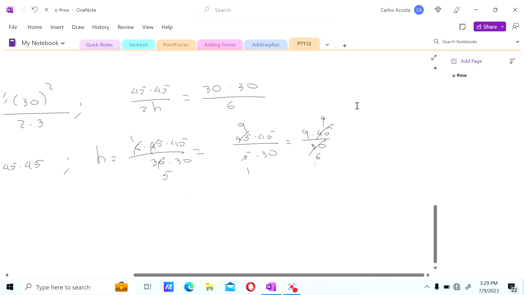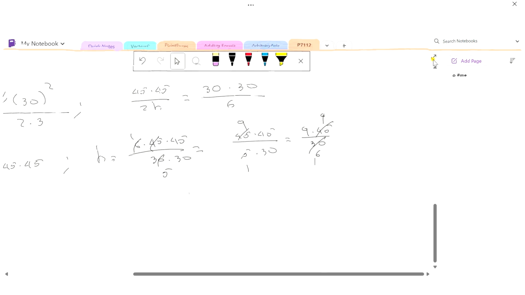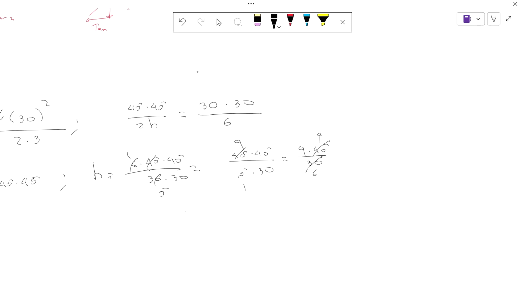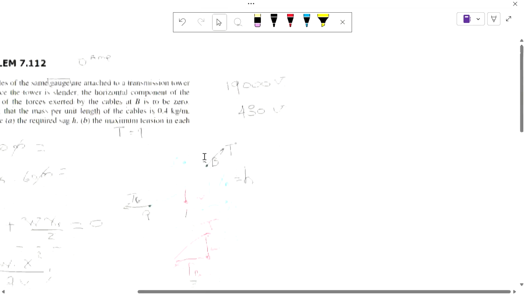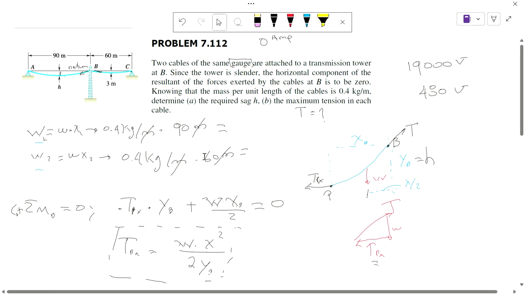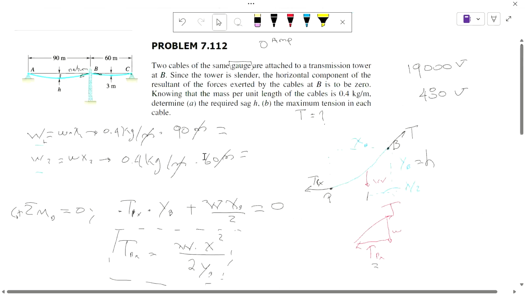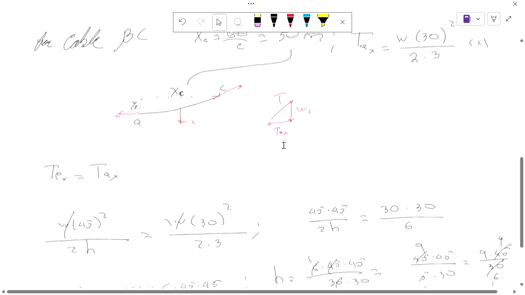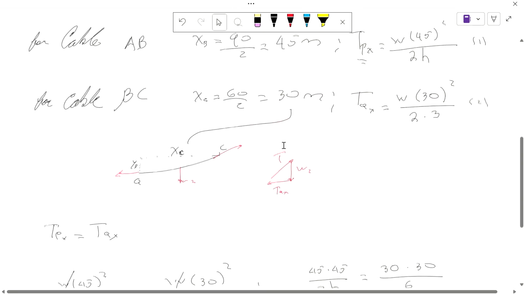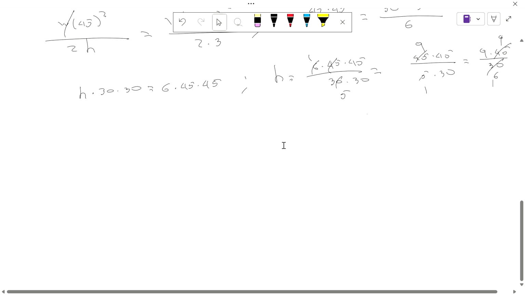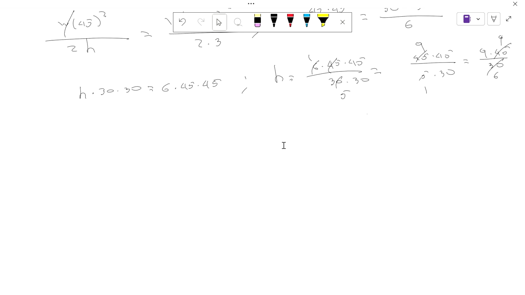Alright, let's go ahead and carry on. If we go ahead and solve for this, we get 13.5. H is 13.5 meters.